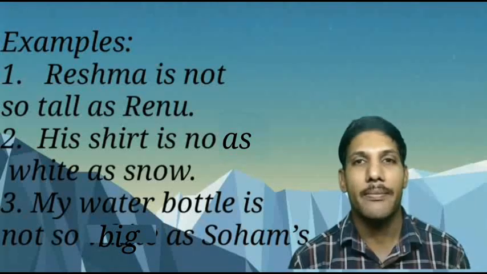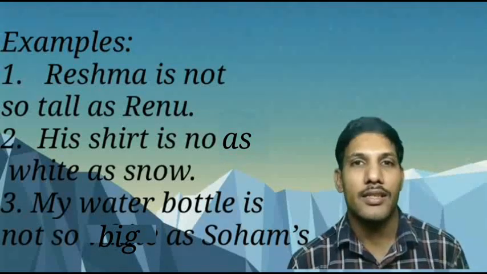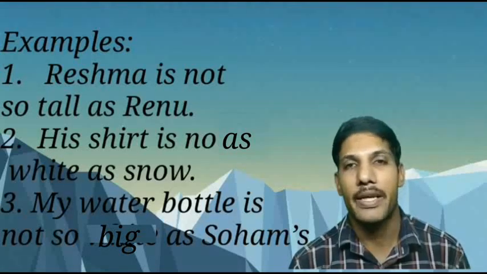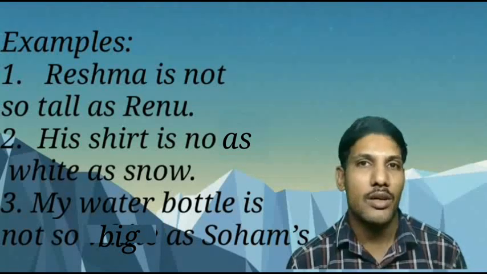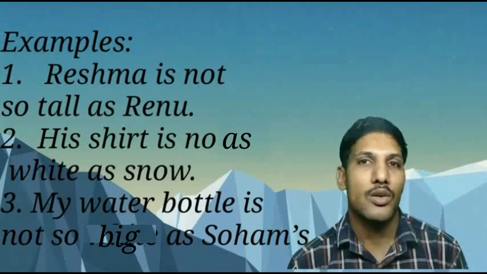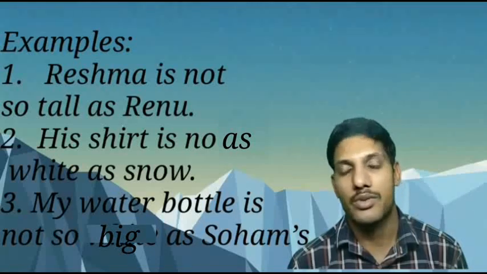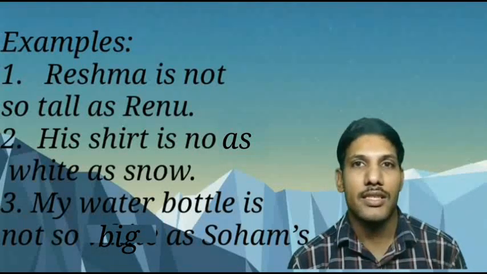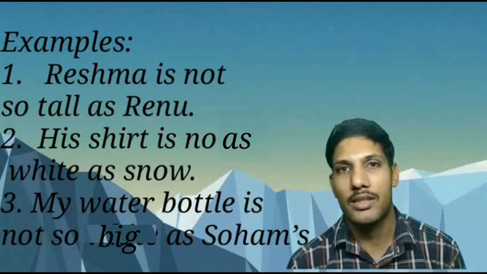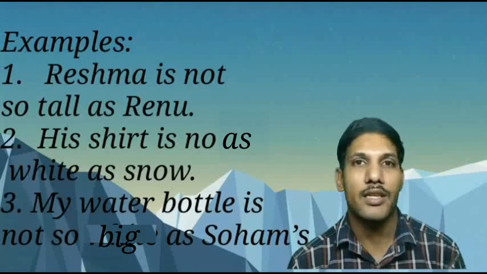Here, the comparison between the color of the shirt and the color of the snow is made. That is, the whiteness of the shirt is not like that of snow. That is, the shirt is somehow lesser in color than that of the snow.